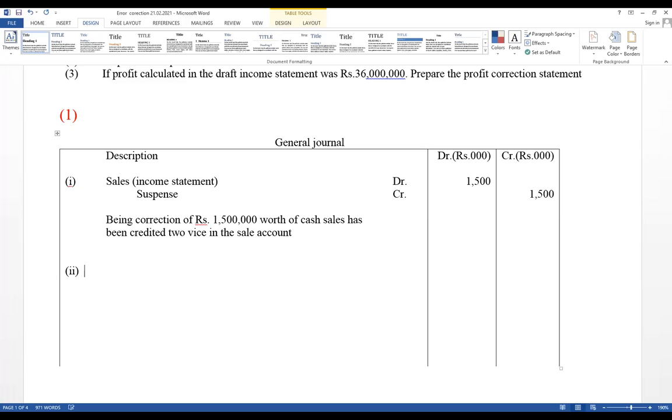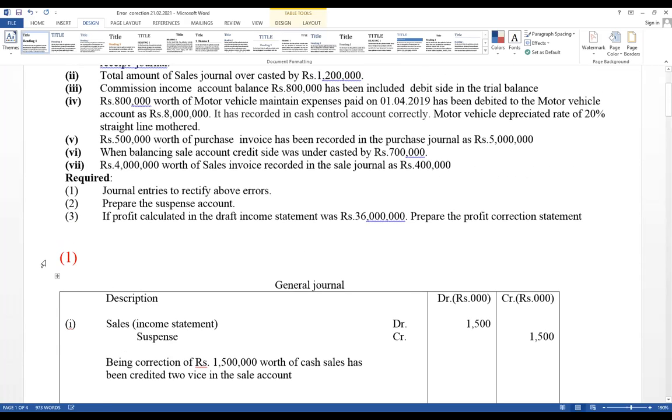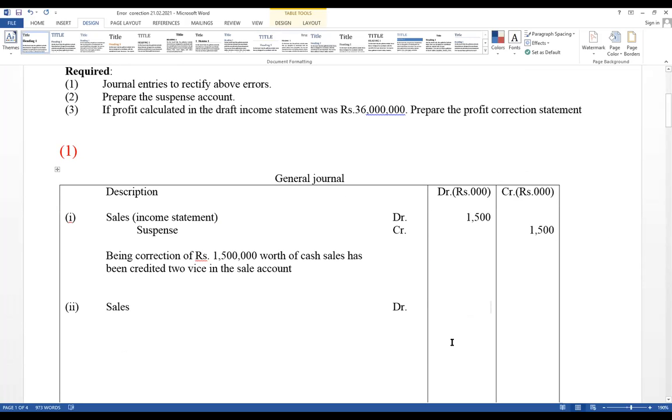Therefore, sales account debit now. Sales account debit value equal 1200. And debtor control account credit. Debtor control account equal trade receivable control account also.